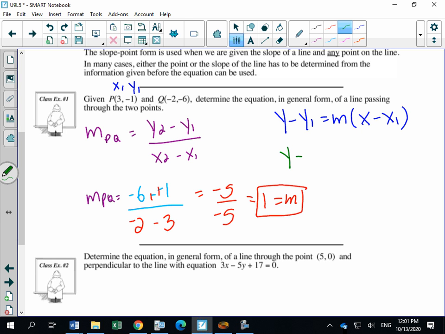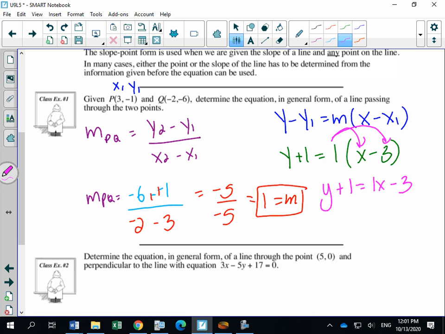Y minus -1 becomes y plus 1 is equal to the slope, which is 1, open bracket, x minus x1 would be x minus 3. From here, we're going to get rid of that bracket by distributing in the 1. Y plus 1 is equal to 1x minus 3.